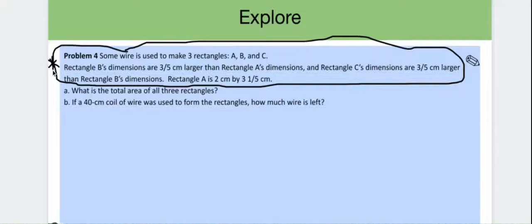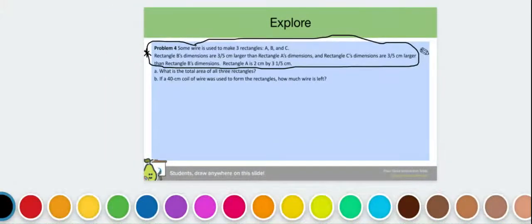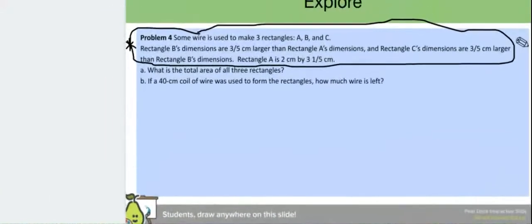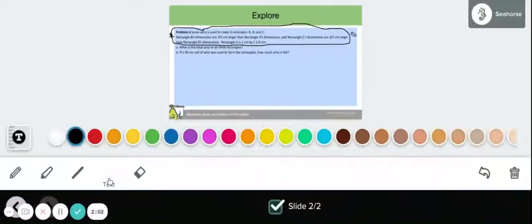Okay. All right. So we have some very important information that we need in order to create the rectangles and label them accordingly. So we have 3 rectangles. We have rectangle A, rectangle B, and rectangle C, just putting their labels.